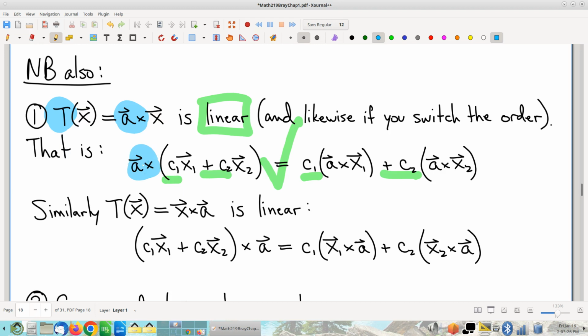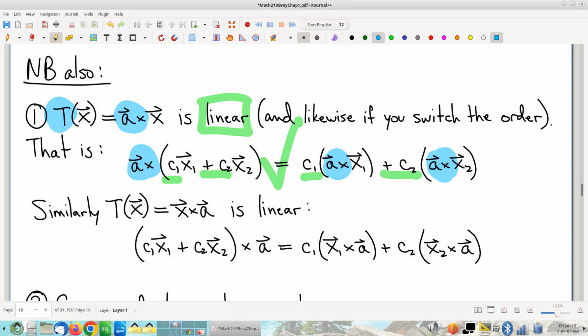And so there's T, and there's T, and there's T. So you can kind of walk your way through this equation, and it pretty literally says T of a linear combination is that linear combination of T of the two original things, just like in the definition.